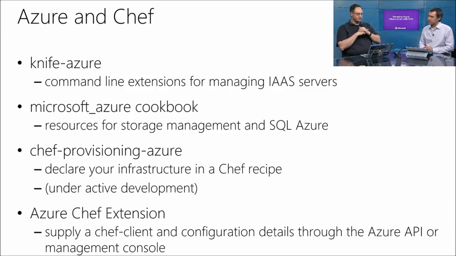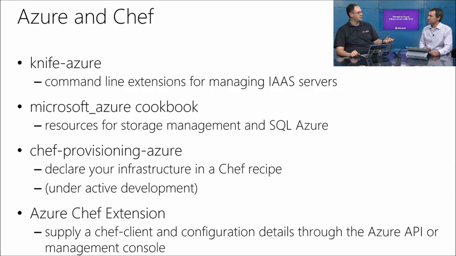And then kind of a really cool capability of Azure is the ability to inject these different agents and extensions. And so there's a Chef extension that when you provision a machine, you can actually, if you're in the Azure Portal, you can tick a little checkbox and say, hey, include Chef.